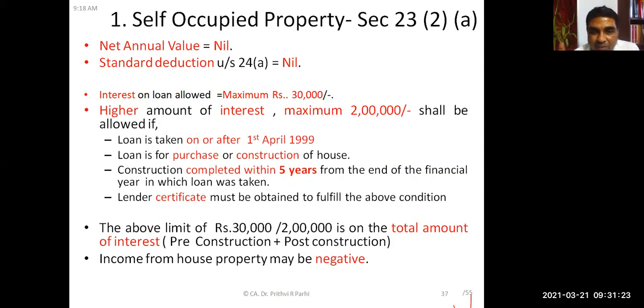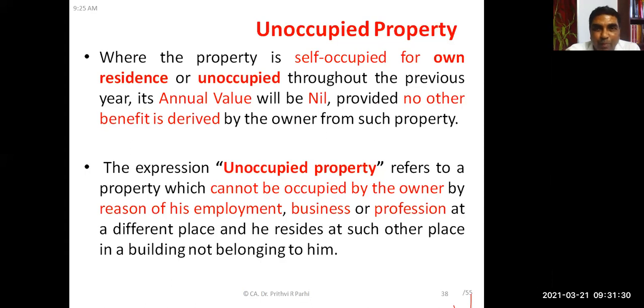Okay. Let us move. At this stage, I'll explain unoccupied property separately. Where the property is self-occupied for own residence or unoccupied throughout the previous year, its annual value shall be nil in this situation, provided no other benefit is derived by the owner of the property.